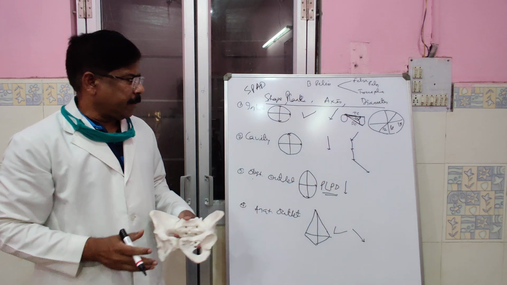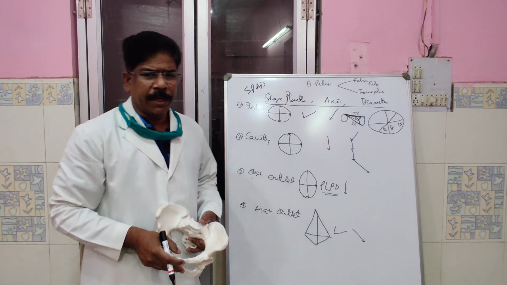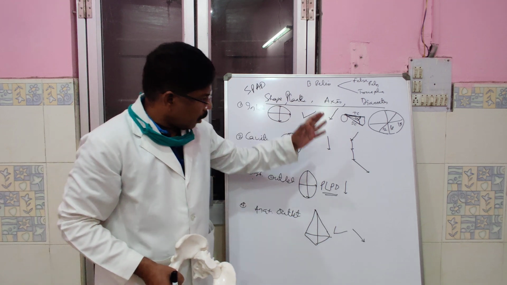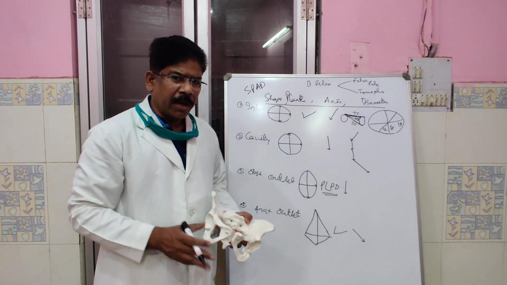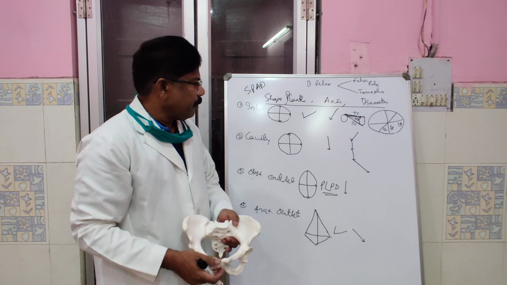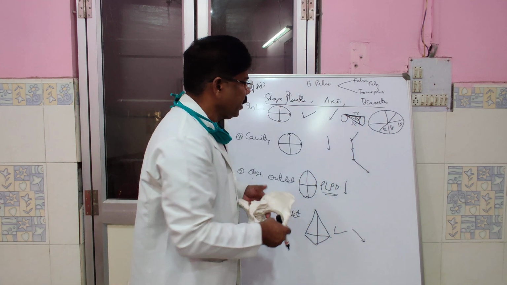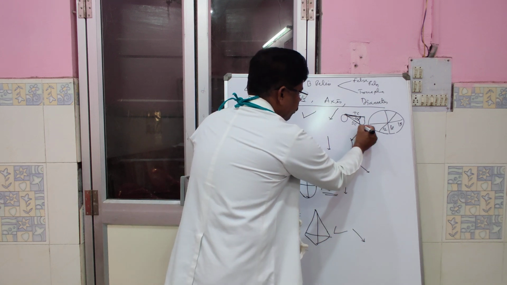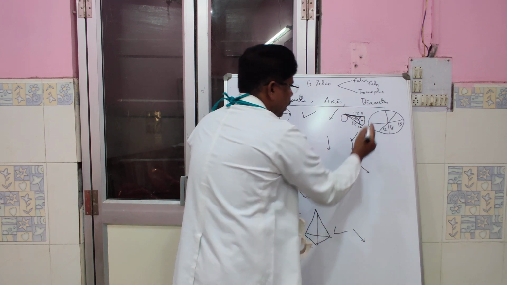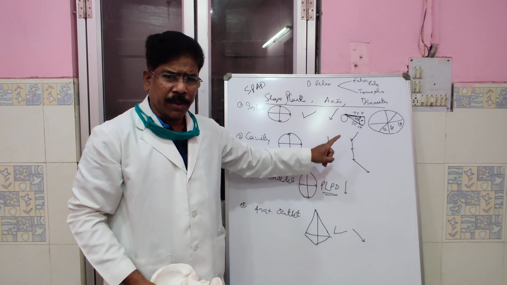So the true conjugate is 11 centimeter and the diagonal conjugate is 12 centimeter. Out of all those three, only the diagonal conjugate can be clinically measured, and if you subtract 2 centimeter from the diagonal conjugate, you will get the obstetrical conjugate.